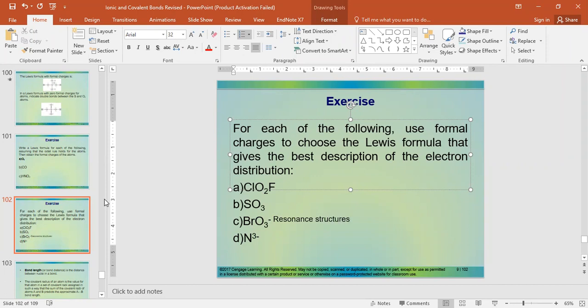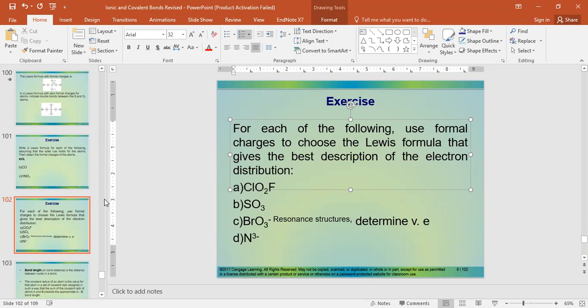Once you do resonance structures, then determine valence electrons.